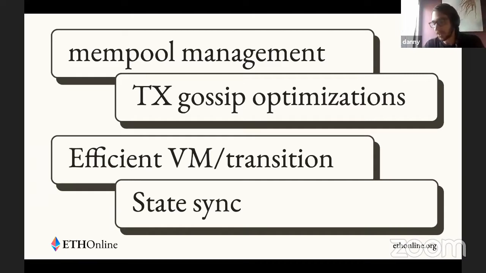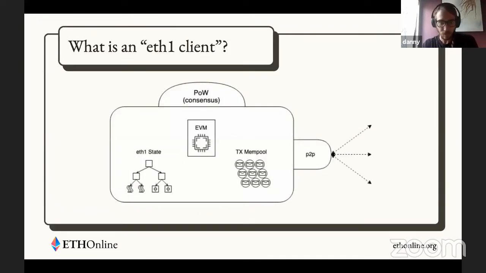There are transaction gossip optimizations to optimize bandwidth consumption, efficient EVM state transitions and state accesses, state reads and writes, and a big one is state sync. The active state in Ethereum is quite large. So managing that, how do you get it, how do you share it, how do you store it, a lot of effort goes into these types of things.